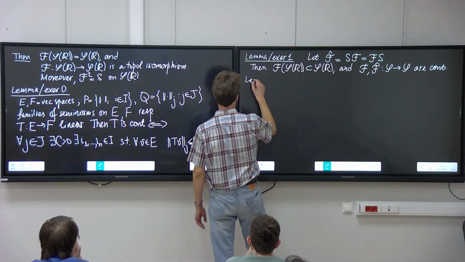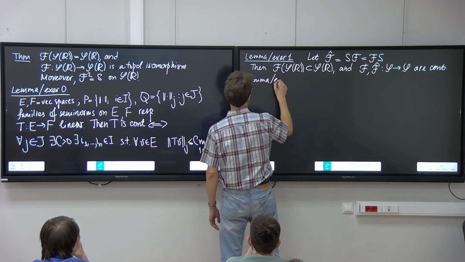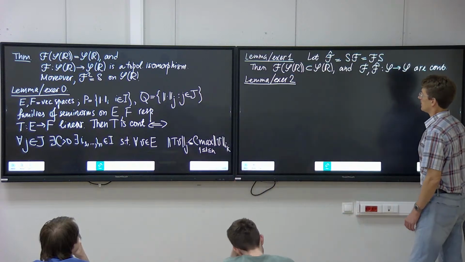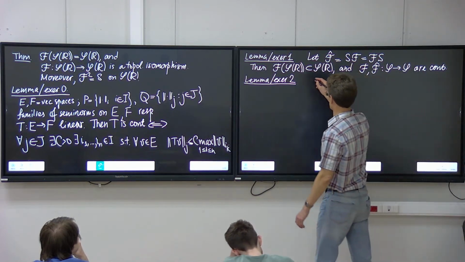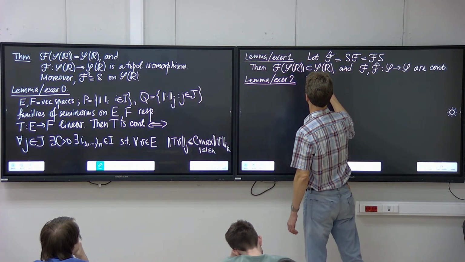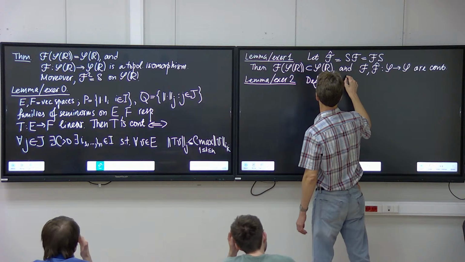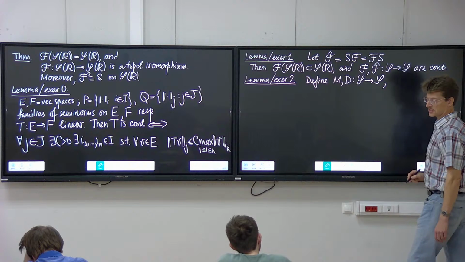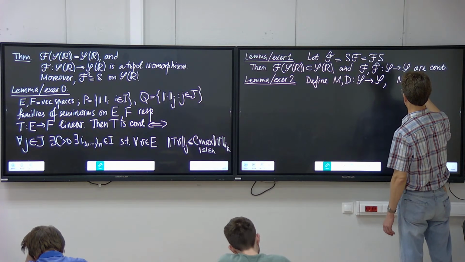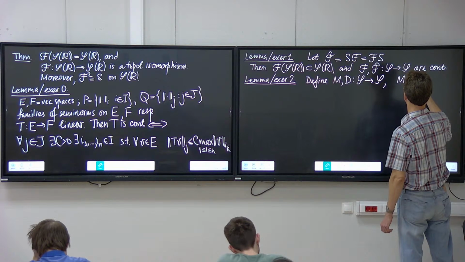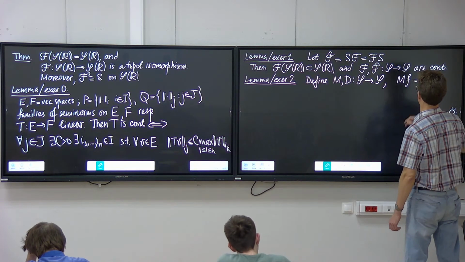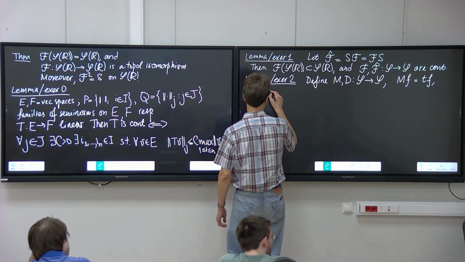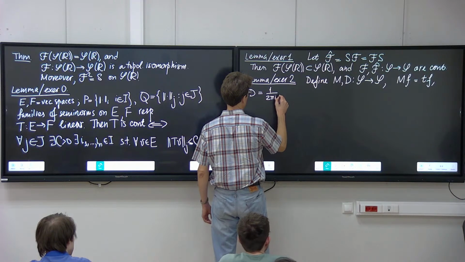Okay, now lemma exercise 2. We define two operators M and D on the Schwartz space as follows. M is just the multiplication by the coordinate t, and D is the derivative divided by 2 pi i.